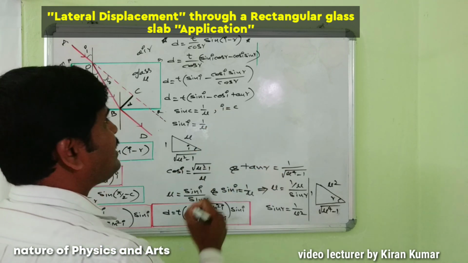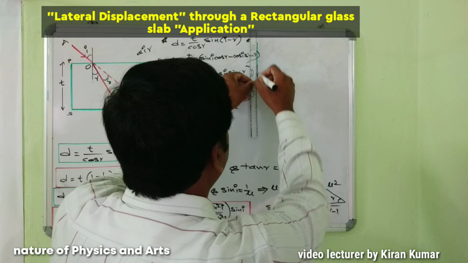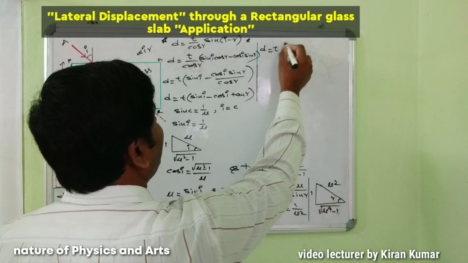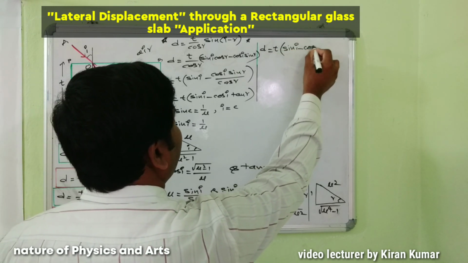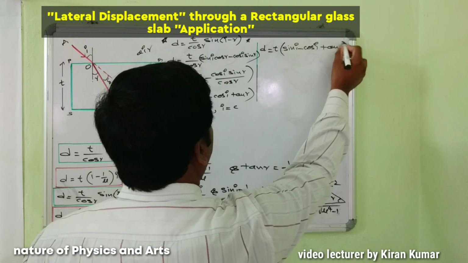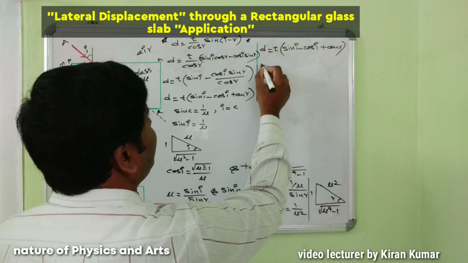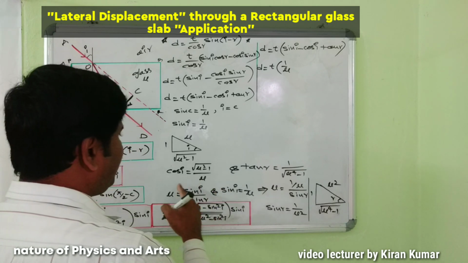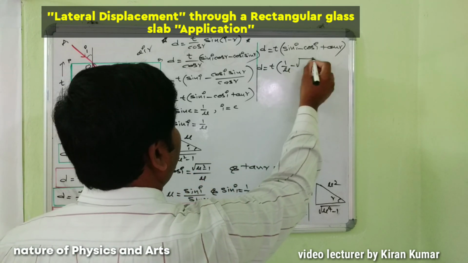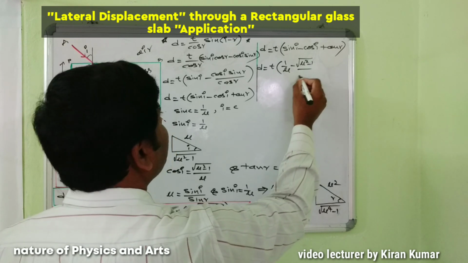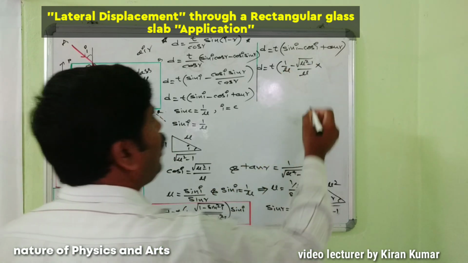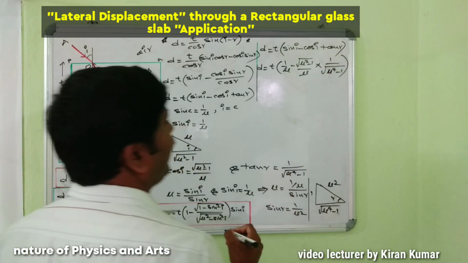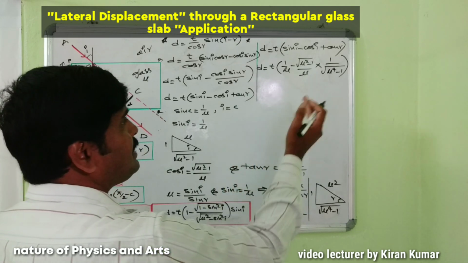These values are replaced in the above equation. Then the resultant equation: d is equal to t into (sin i minus cos i into tan r). In this equation, d is equal to t into (sin i value is 1 by mu minus cos i value, which is root over mu square minus 1 whole divided by mu, into tan r value 1 divided by root over mu to the power of 4 minus 1). See, try to understand, mu is common here.